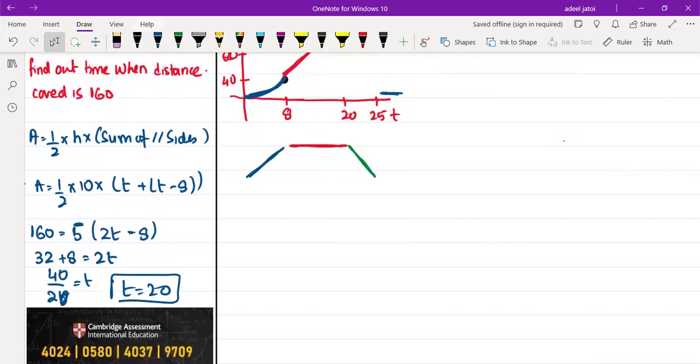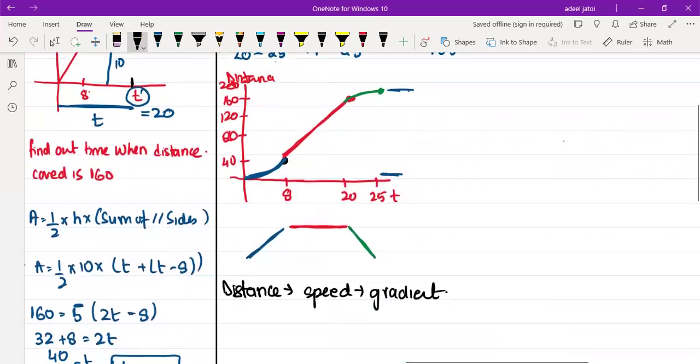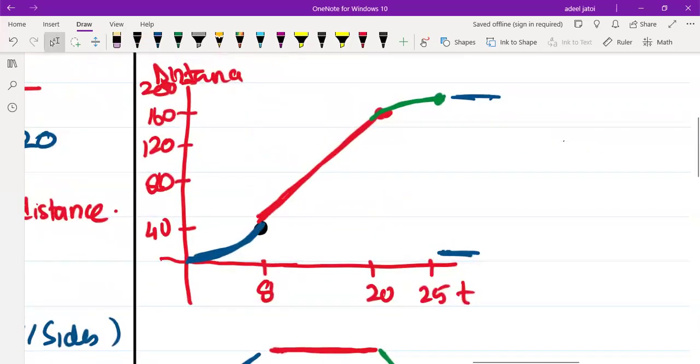So what does distance time graph give me? Distance can also tell me the speed using the gradient. Remember one thing, gradient of straight line is easier to calculate.